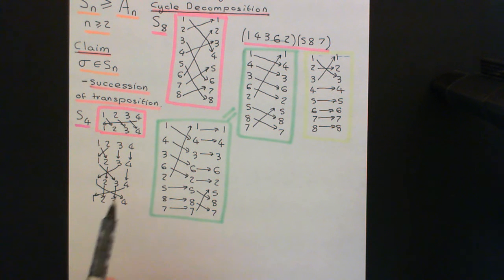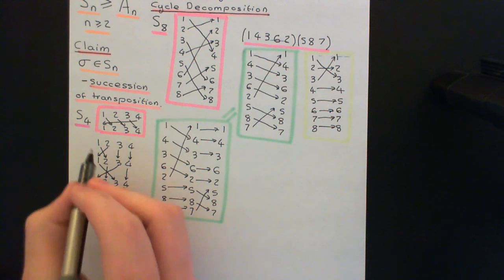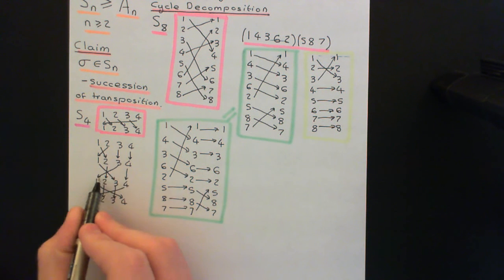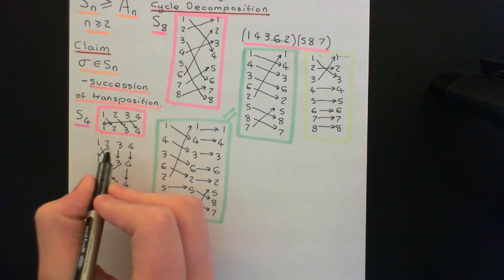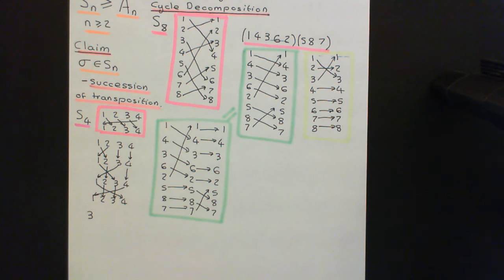Okay, now note how many transpositions it took. It took 3 transpositions. I had a transposition to make 1 go to the correct place, a transposition to make 2 go to the correct place, and a transposition to make 3 go to the correct place. But I didn't need a transposition to make 4 go to the correct place because that was the final thing. Okay, and its position will have been fixed after that.